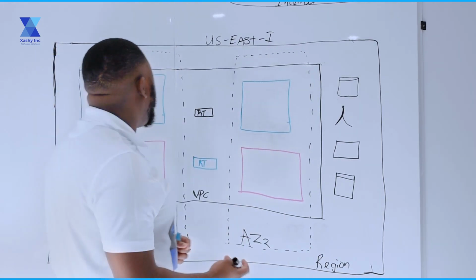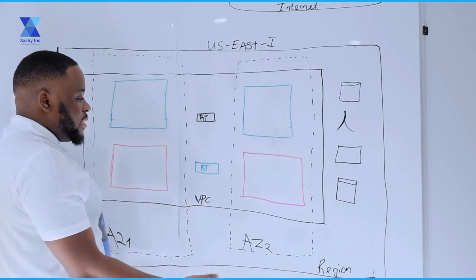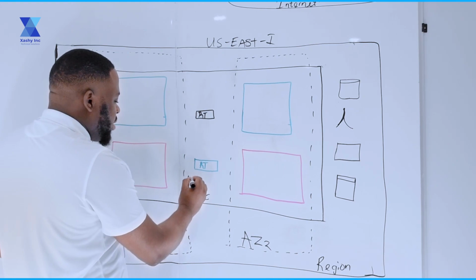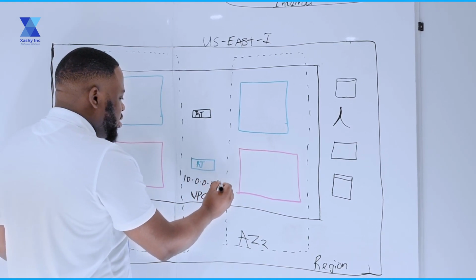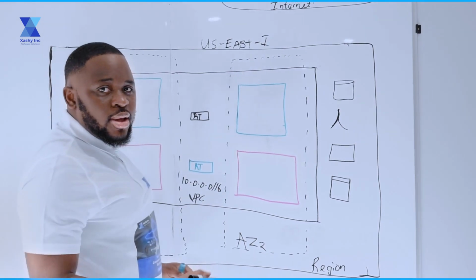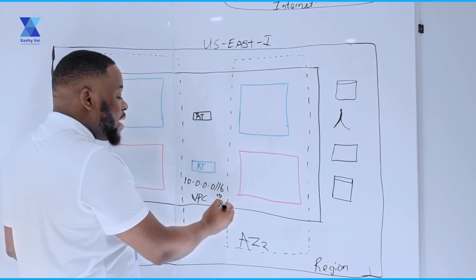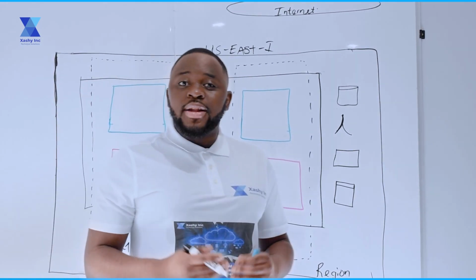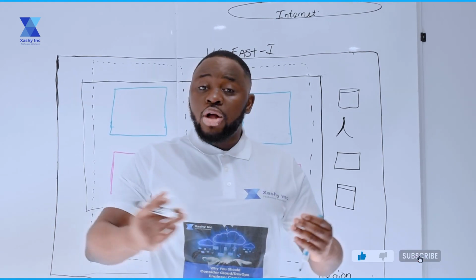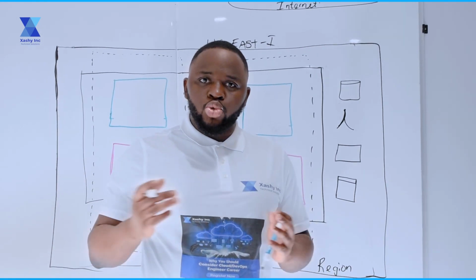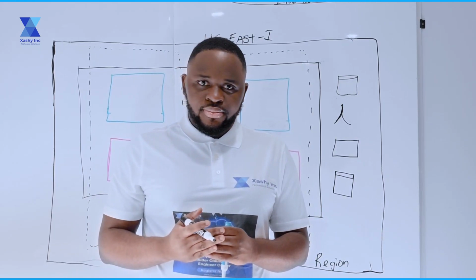So let's say, for example, we launch a VPC, and we're giving it 10.0.0.0/16. This simply means that our VPC has the subnet mask of 16. And in AWS, you could only make use of a /16 all the way to a /28 for your VPC or the subnet.